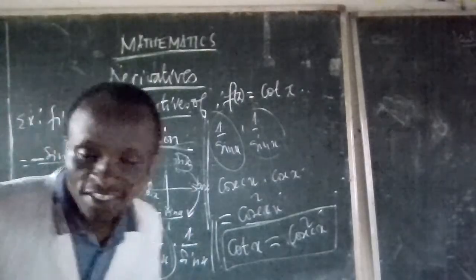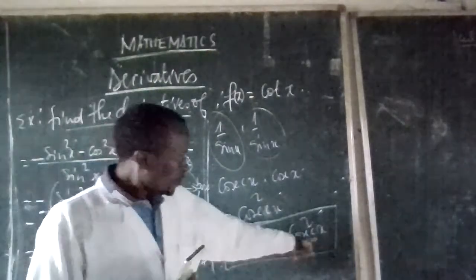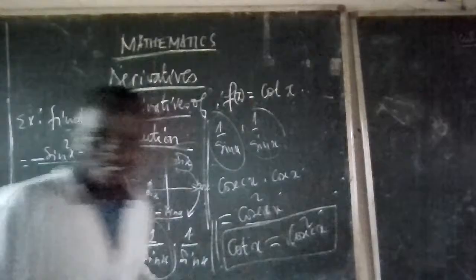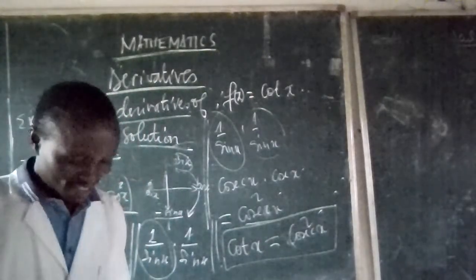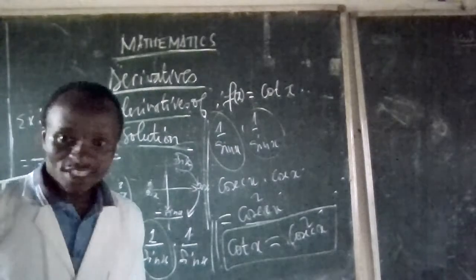Yes, it is. Similar to this one, cosec square x. Another person? Yes, right. It is cosec square x.